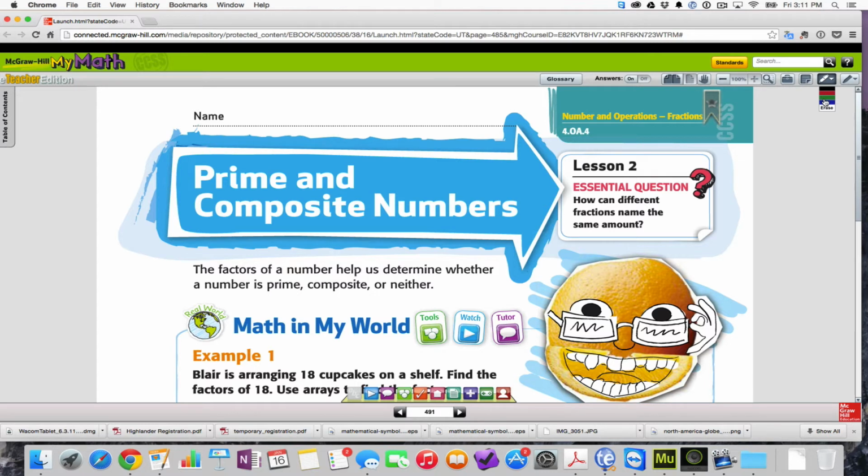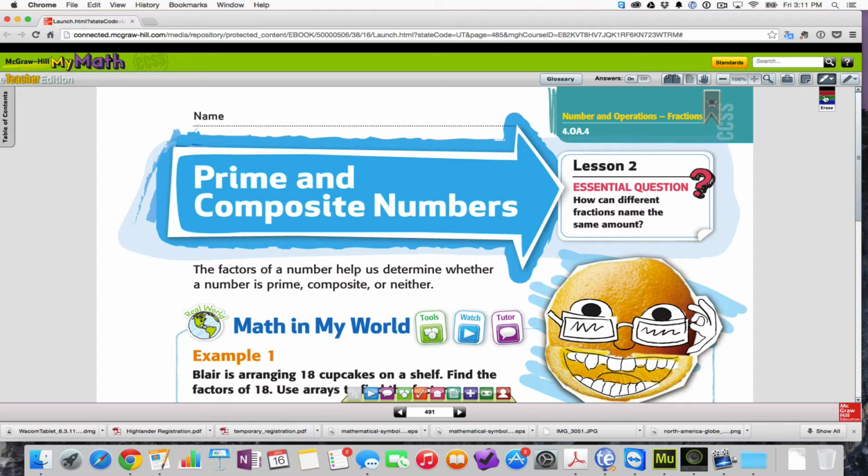If you're following along in your book, it's page 491, Prime and Composite Numbers. This is the second lesson in our fractions chapter, and today we are also not going to be focusing on fractions, but we are going to talk about prime and composite numbers.